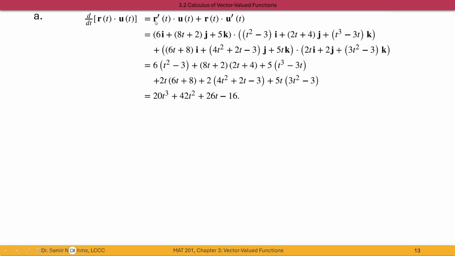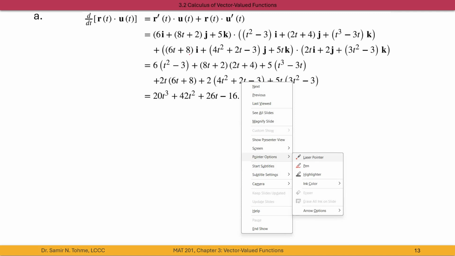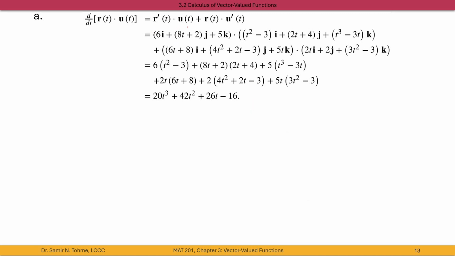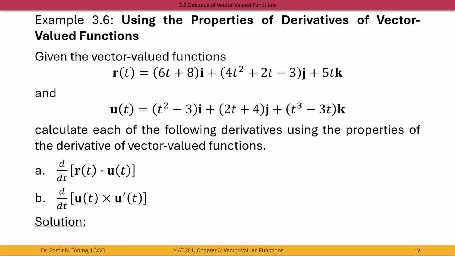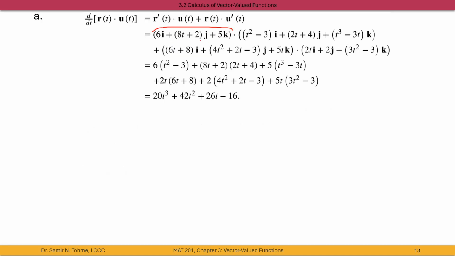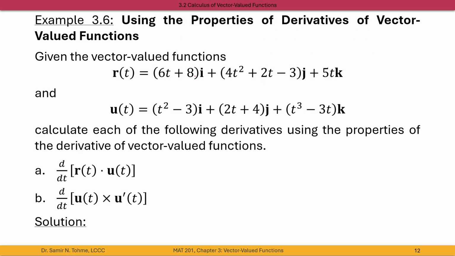The first thing we need to do is to do the derivative of R. So the derivative of R is this one. Go ahead, please, and do the derivative of R, and you're gonna get this one. If you have problems with doing the derivative, please let me know.